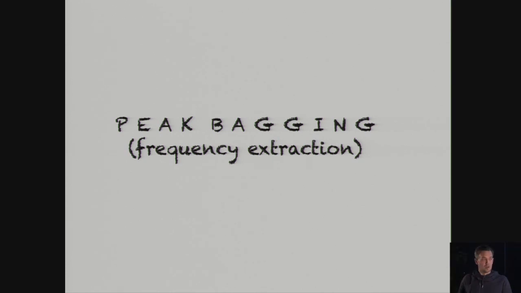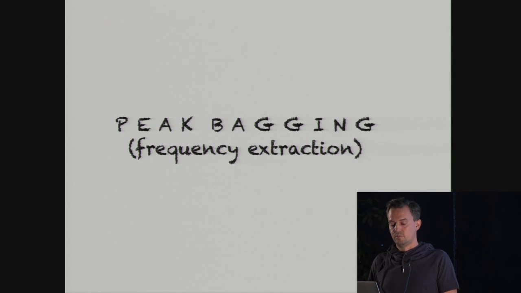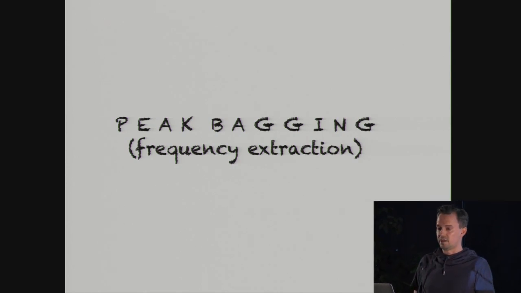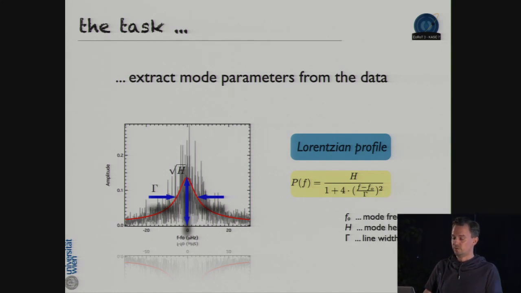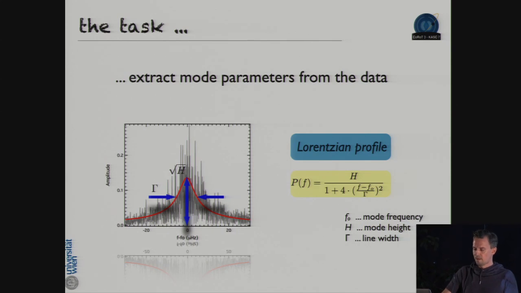So the next stop along the path is peakbagging. What is peakbagging? It's frequency extraction. You have a power spectrum with some solar-like oscillations in it and want to determine the parameters of these modes. So the best way to do it is to fit a Lorentzian profile to each single mode, which has 3 parameters.